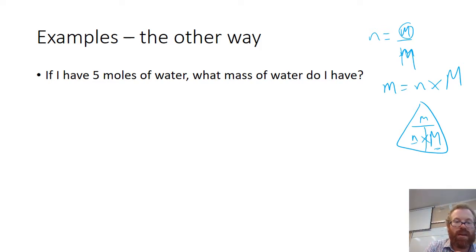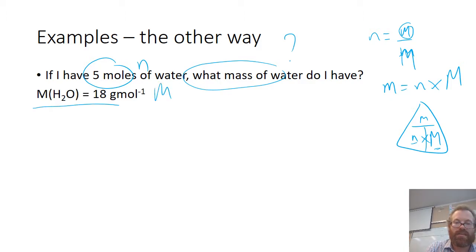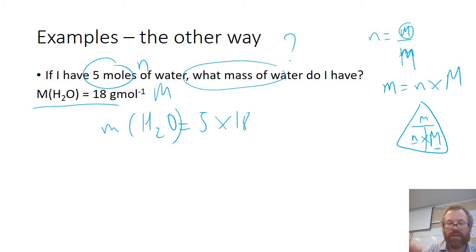So in this example we have the n of water, 5 moles. I have a question about the mass, it's our question mark, and we've got our molar mass here. So mass of H2O equals 5 times 18, which equals 90 grams.